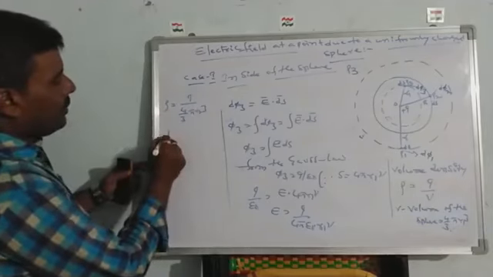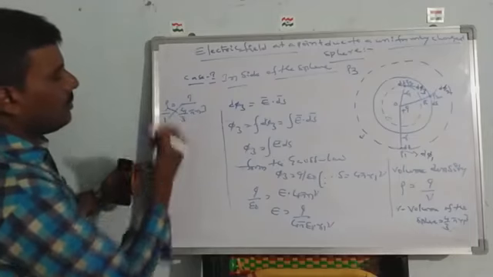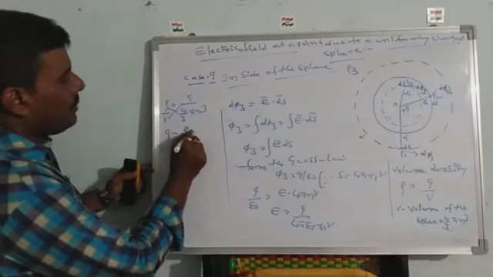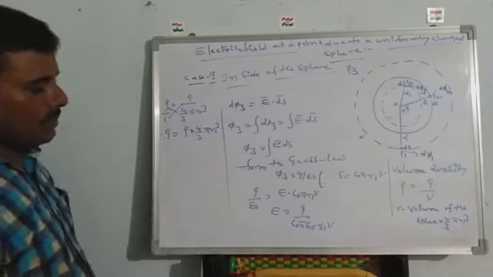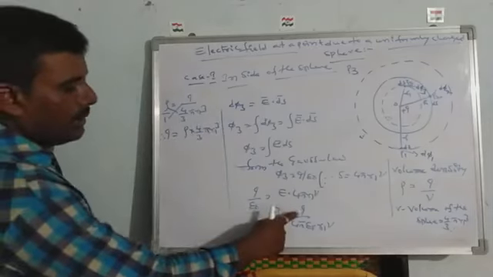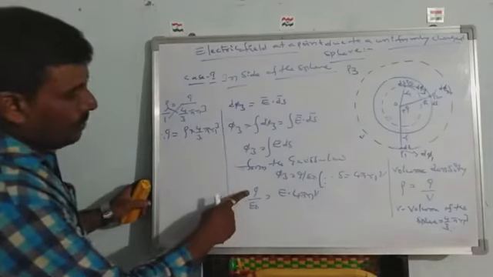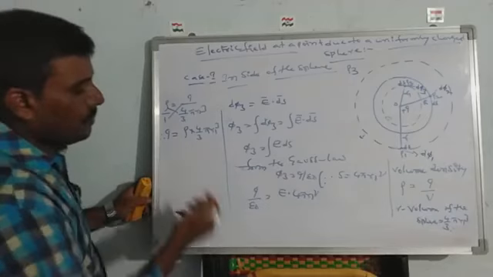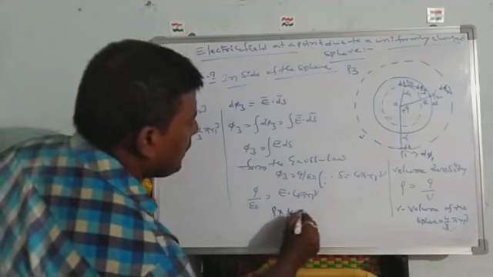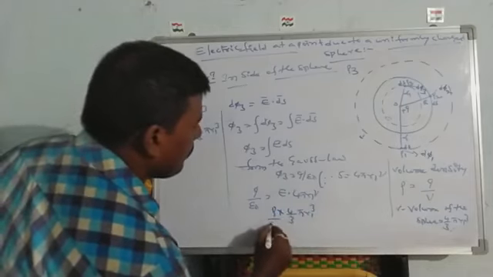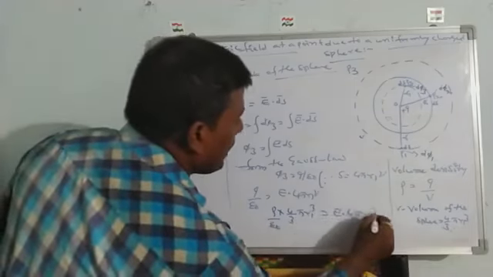Therefore Q equals rho into 4/3 pi r1 cube. Substituting in the equation, rho into 4/3 pi r1 cube by epsilon naught equals E into 4 pi r1 square.